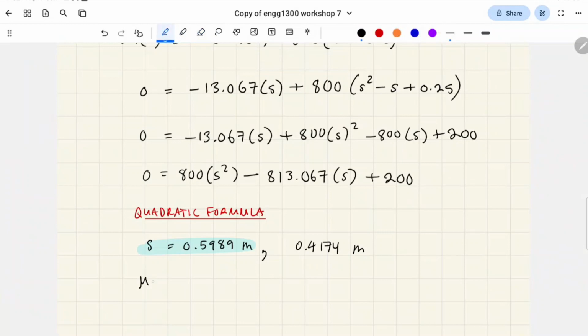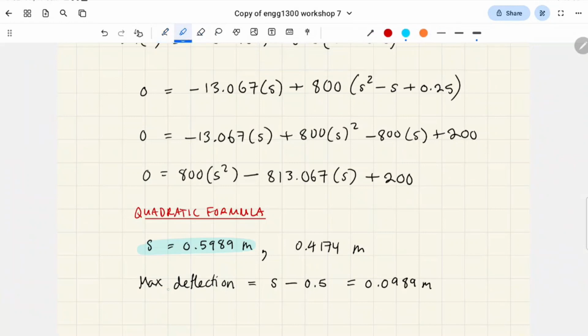Anyway, the max deflection of the spring is, we plug in that number minus 0.5 meters from before. We're left with this, which is the answer. We can call this delta x if you want.